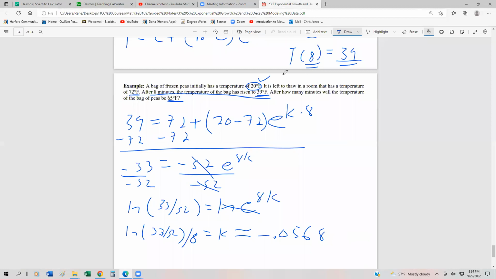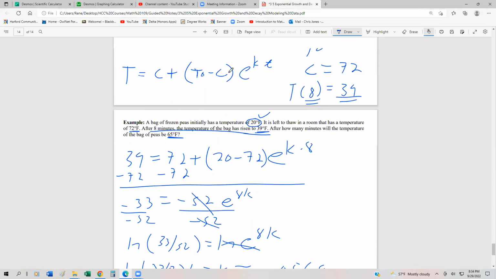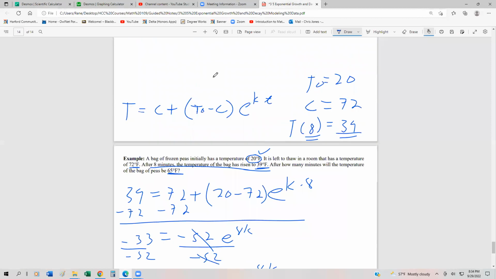Now that's going to help us with our function. So now we can just substitute everything back in to get a generic function for this. Going back up here, T is going to be equal to, remember we said the constant temperature C was 72, plus the initial temperature was 20 minus 72, e to the negative 0.0568t.